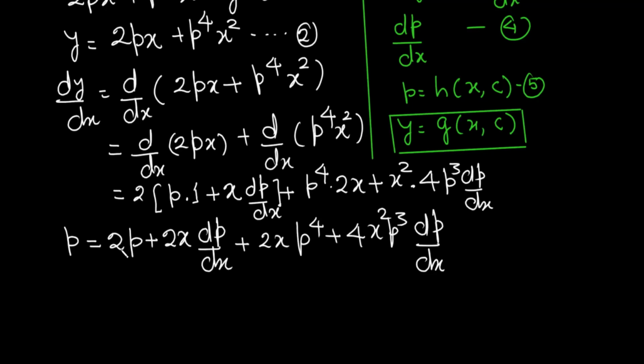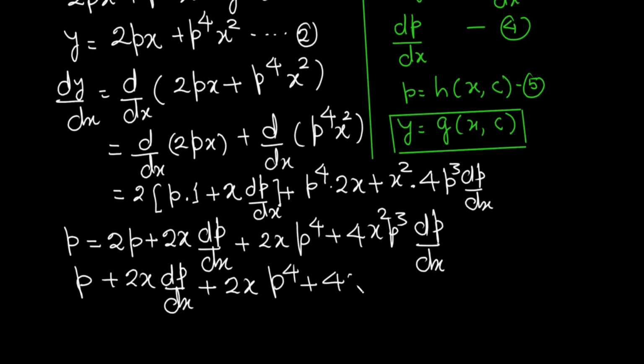Now p can be adjusted with the 2p. So 2p minus p will become p plus 2x dp by dx, and this one is plus 2x p raised to the power 4 plus 4x squared p cube dp by dx. This is equal to 0.